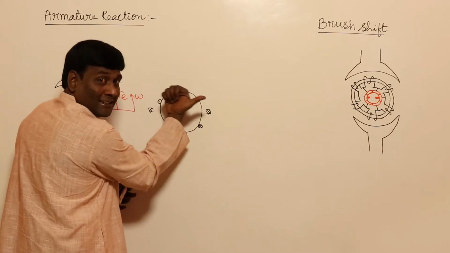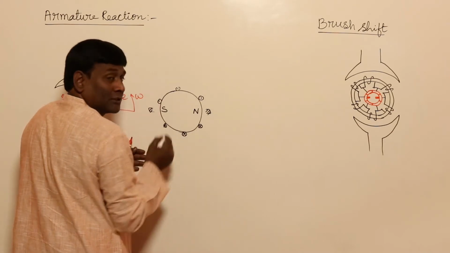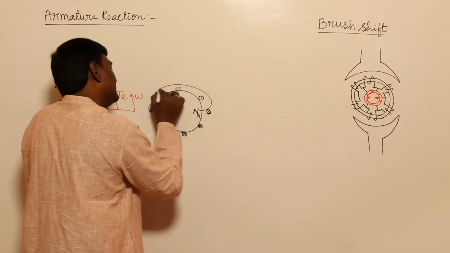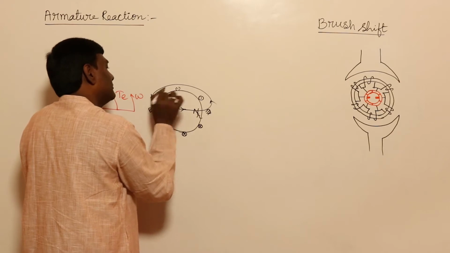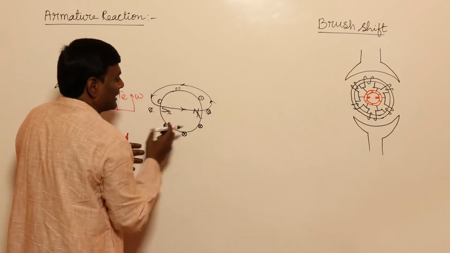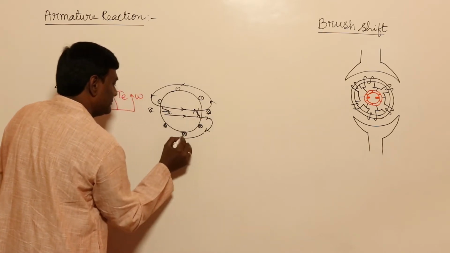My currents are in this direction, so flux is in this direction, so it is becoming like an N pole, and like an S pole of the rotor. So my flux starts traveling in this direction. Cross, dot, flux is going to travel in this direction.